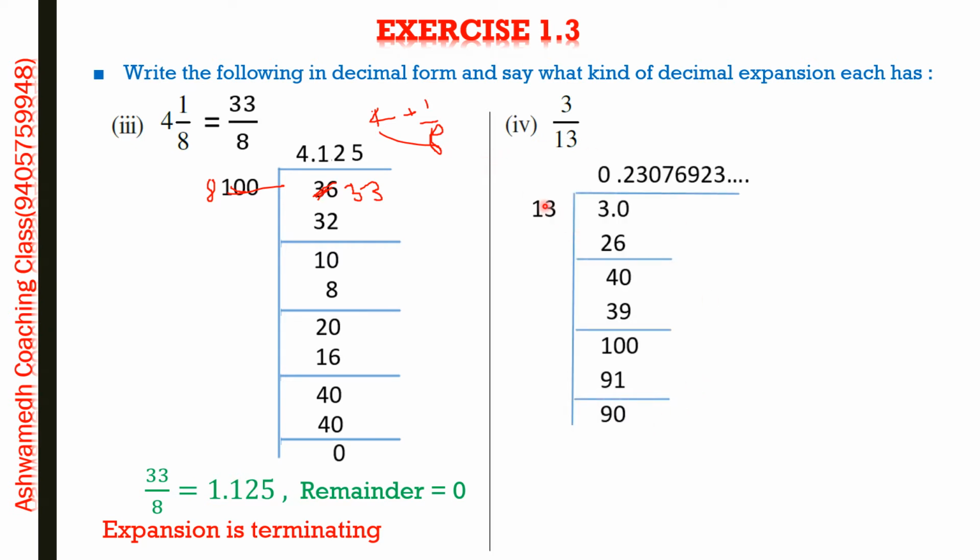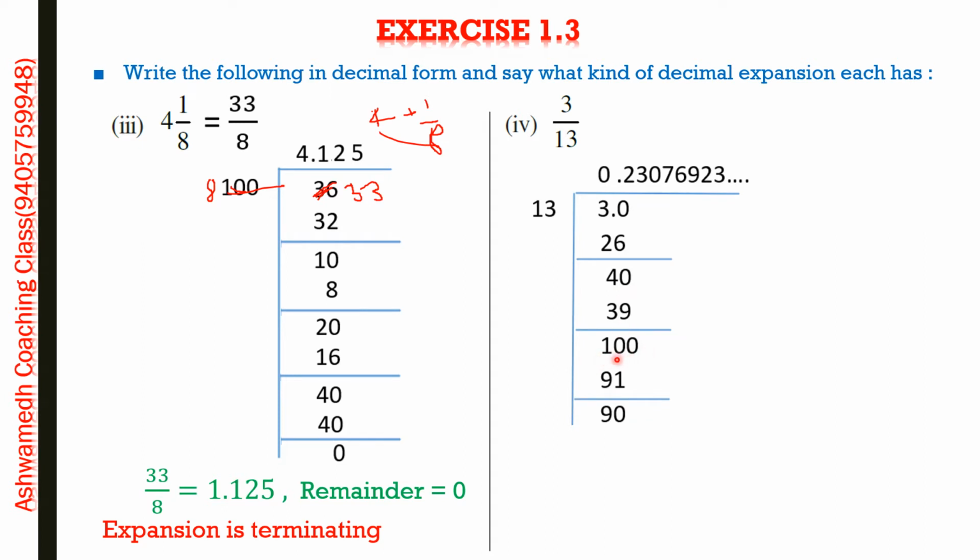Okay, now next is 3 by 13. We cannot divide 3 by 13, so we take a decimal and a 0, and get 30. 13 into 2 is 26, 30 minus 26 is 4, so again it becomes 40. In the table of 13 we get 39, so 13 into 3 is 39, and the next number in the quotient is 3. 40 minus 39 is 1.